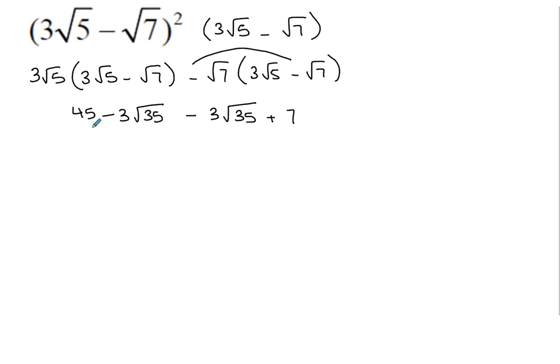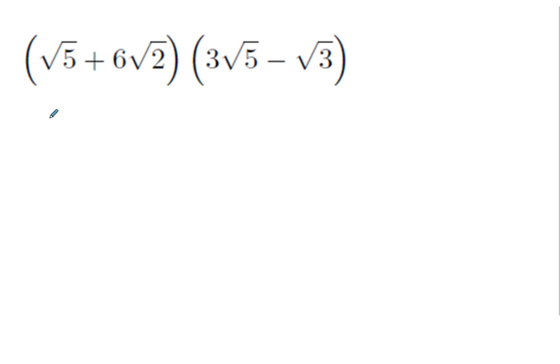Collecting like terms, you've got 45 plus 7 is 52, and then minus 6 surd 35. If you look at that surd 35, we can't actually simplify it, because there isn't a square number in there for us to simplify it. So we just leave it like that.